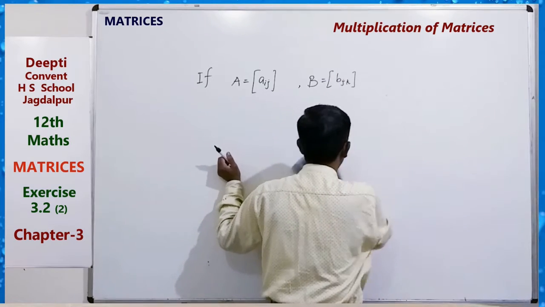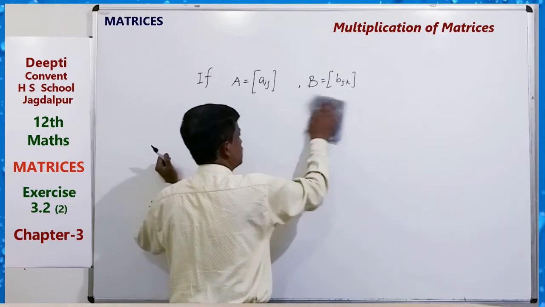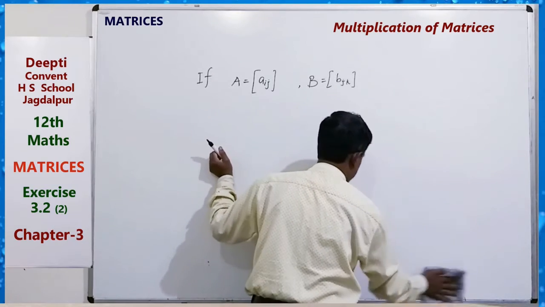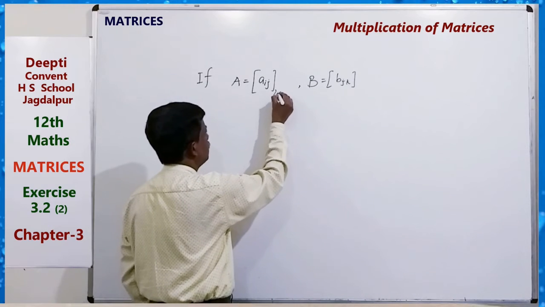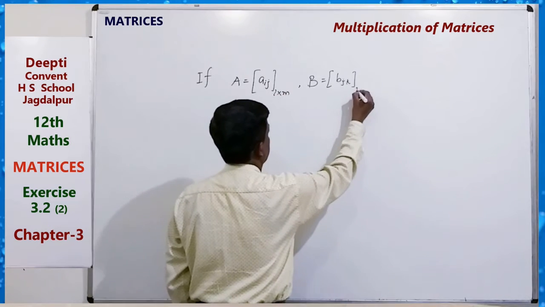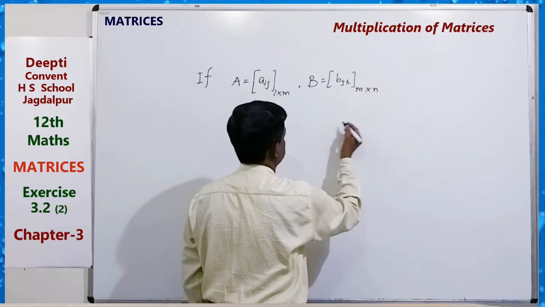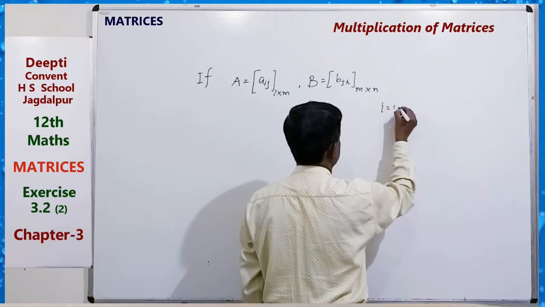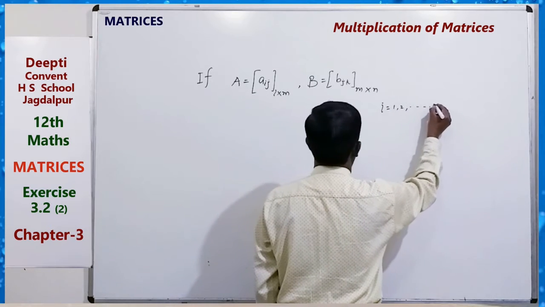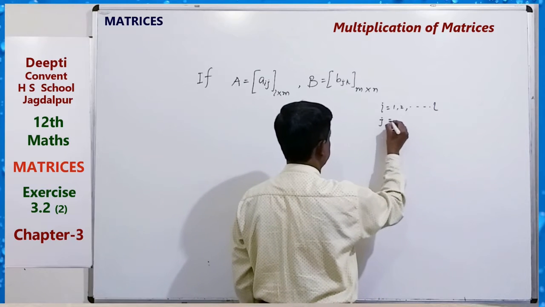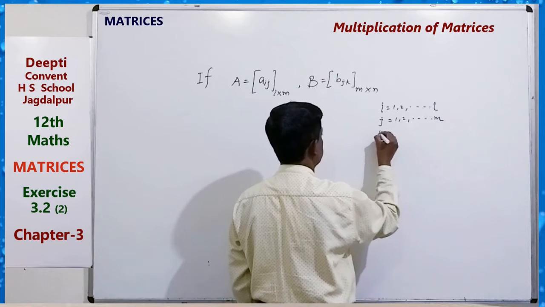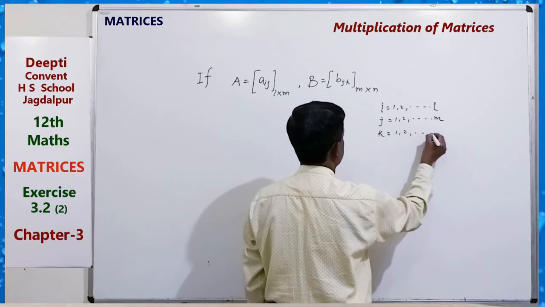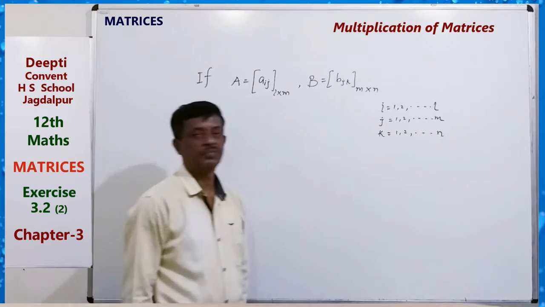Just the general formula will be what? If the orders are L by M, M by N, that is i equals 1 2 up to L, j equals 1 2 up to M, k equals 1 2 up to N. These are the values.